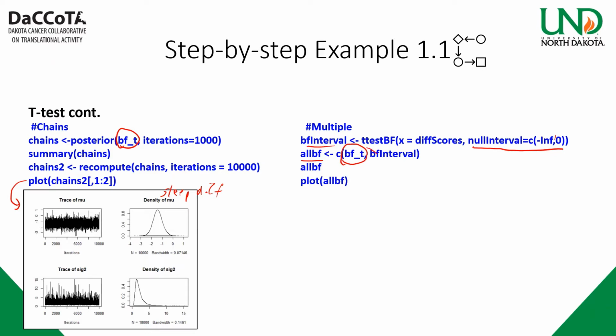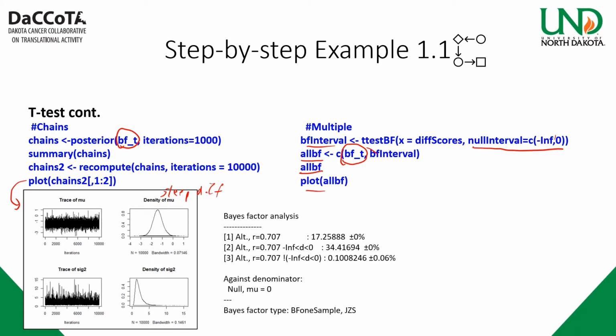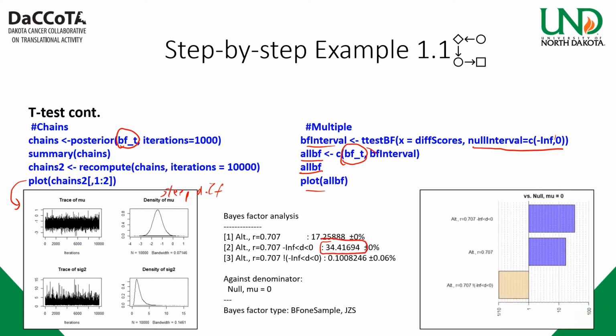So there are 3 different tests, and we can look at the summary of that and also plot it. What this shows us is that our strongest Bayes factor is here. And if we show the plot again, it's the same sort of thing.